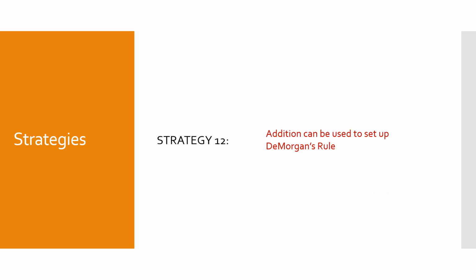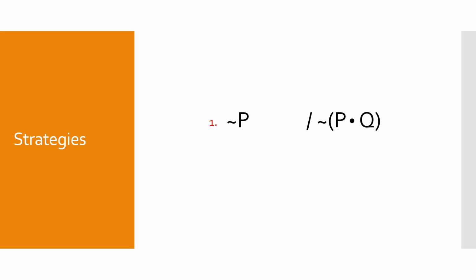Strategy 11 says that we can use addition to help set up De Morgan's rule as well. Notice how this works. If I simply have the claim not P, and my goal is to show that it is not the case that it is P and Q, well, I can get there by simply adding.